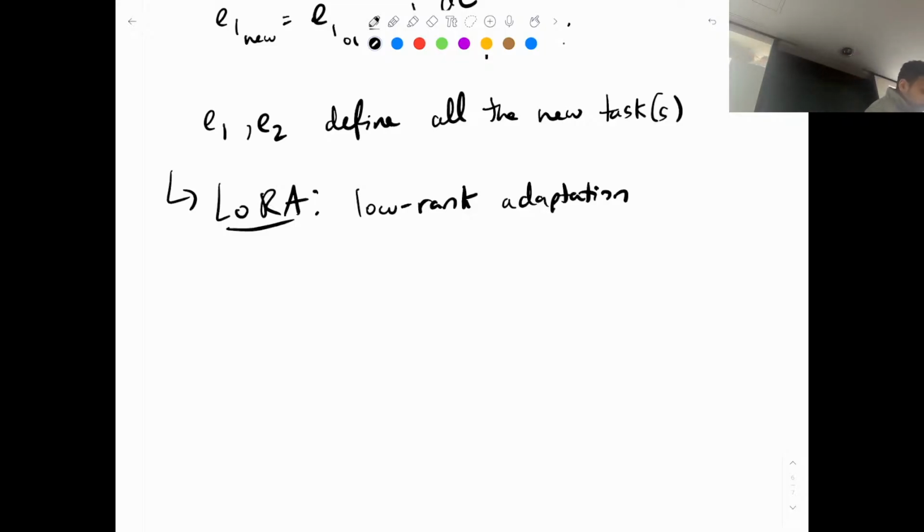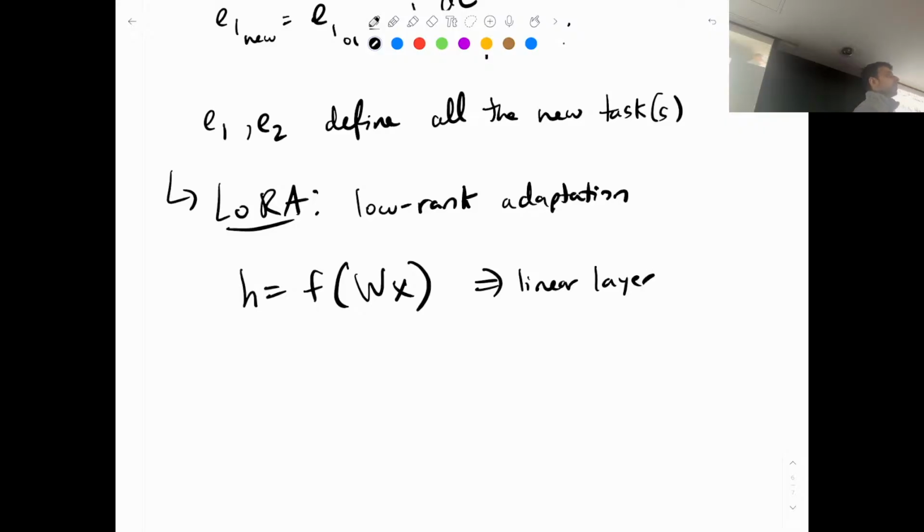So when explaining LoRA, it's good to just take a simple linear layer, right? Something like this, which we see a lot in the transformer. Every query key value projection, every feed forward layer has this form.